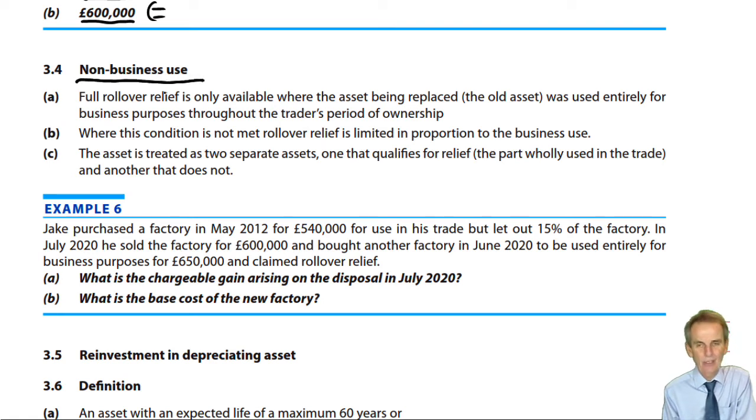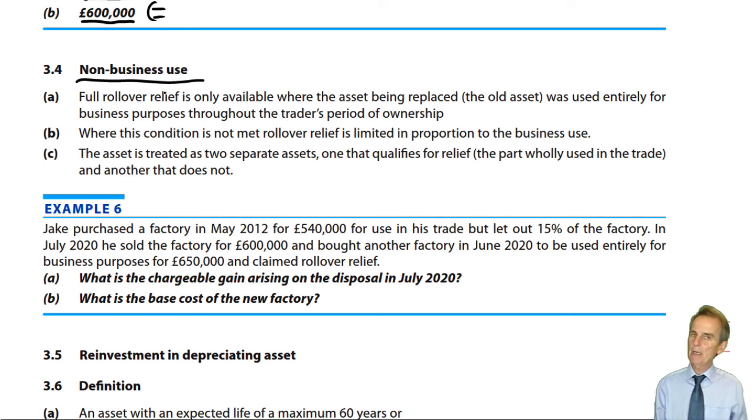What happens if only some of a property is used within the trade and some of it is effectively an investment asset? What does that mean? It normally means we rent out a part of the property. We don't use all of it ourselves in our trade, we rent some of it out.